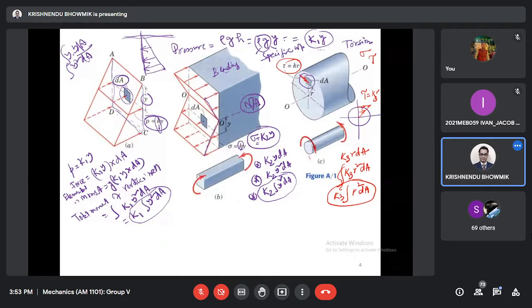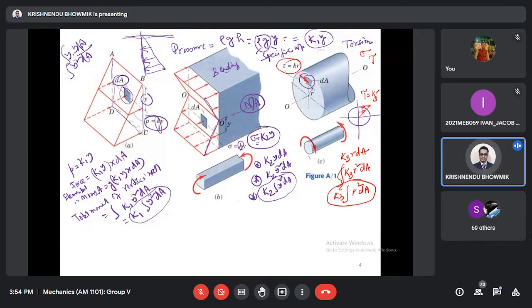That means some constant k1, k2, k3 or k multiplied by y. Then the force will be multiplied by dA, and the moment will be multiplied by the distance. Then you will get distance square dA and the integration over it. That is the way the moment of area, then second moment of area concept has come, from the application point of view.